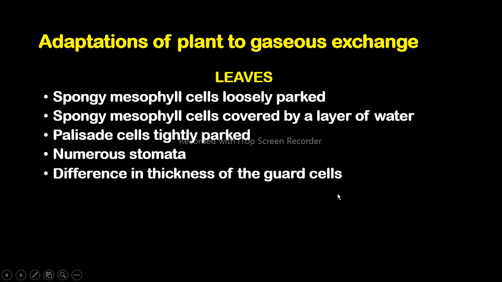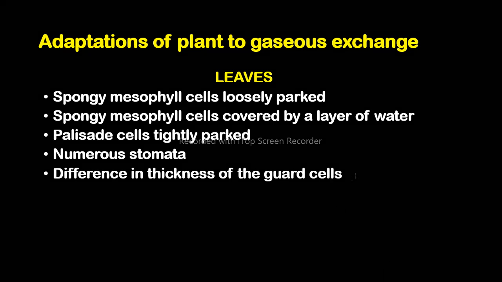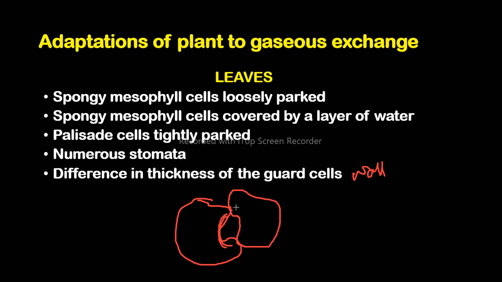Differences in thickness of the guard cell walls. Like we said, you have the inner wall, which is thick and inelastic, for both guard cells. And you also have the outer wall, which is thin and elastic.